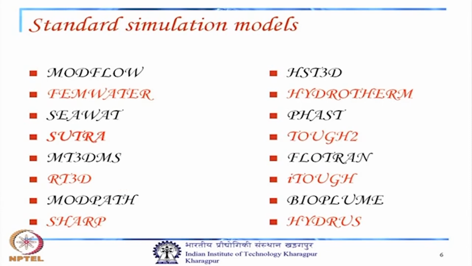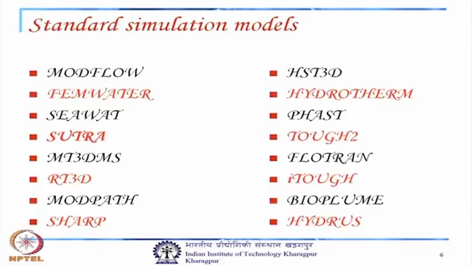So, this is the starting of our modeling exercise. In modeling and management of groundwater, we have two aspects. One is the modeling aspect, where we will see the simulation results, and the policy or management aspect, where we try to formulate some kind of management strategy.